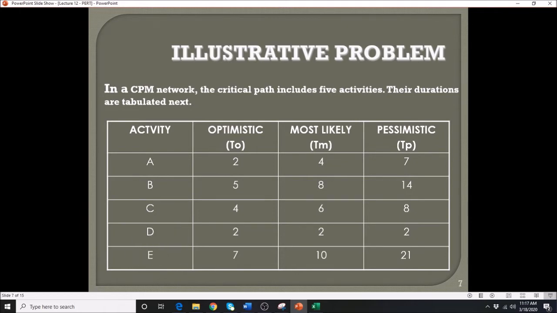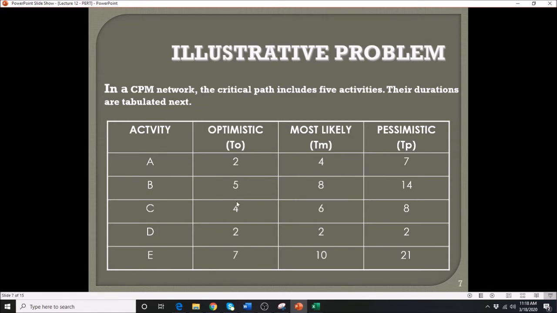Remember, as I mentioned a while ago, that the Program Evaluation Review Technique is applicable for those activities that are within the critical path. Here I just assume that all of these activities are critical, and there are 3 different durations given: the optimistic, most likely, and the pessimistic.